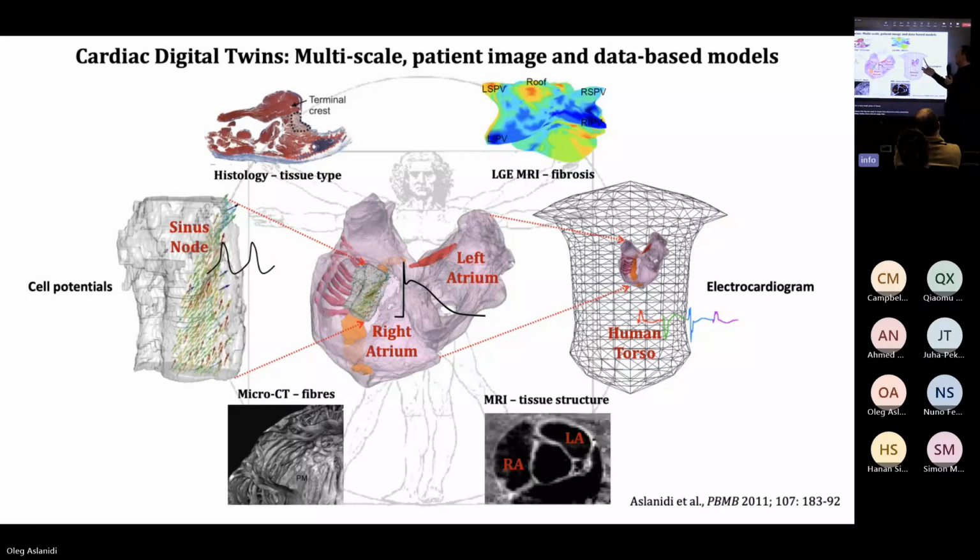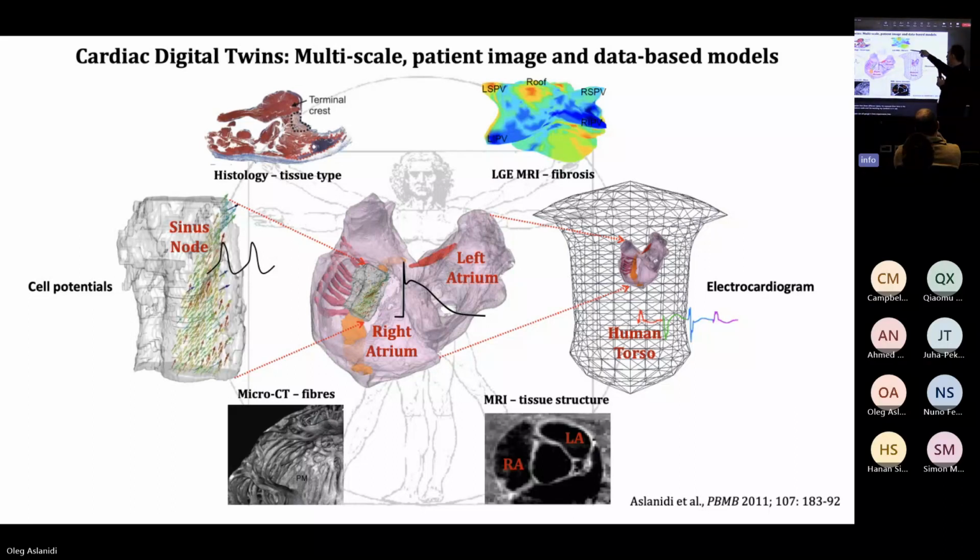Then, in order to personalize this model to patient data, we need to have multiple scans from patients. We need scans that show very intricate details of cell and fiber orientation inside the heart, and biopsies that show different tissue types. For example, blue here is the sinoatrial node, and the working myocardium is in red, so you can gauge all of that from experiments.